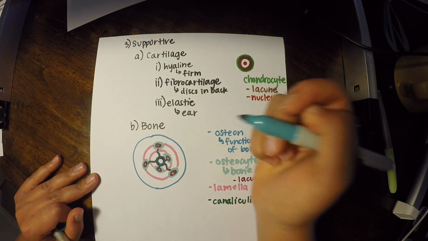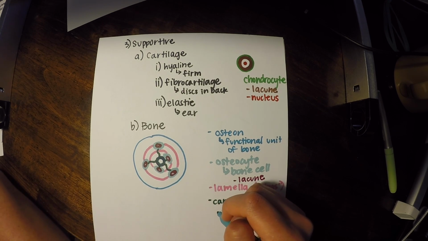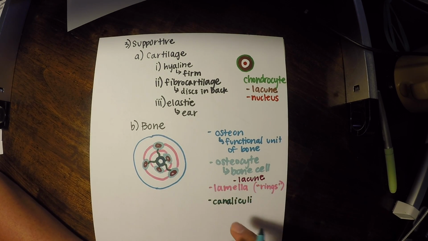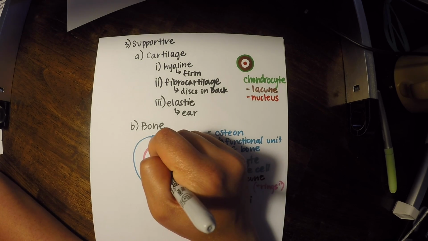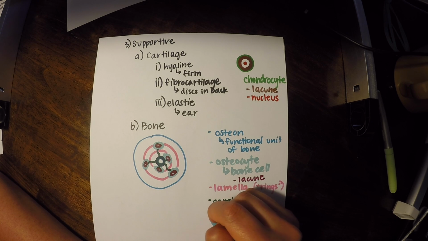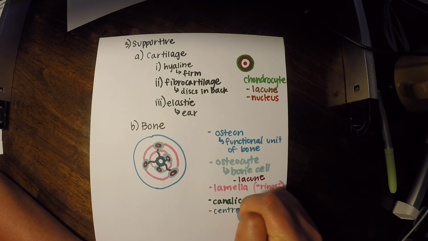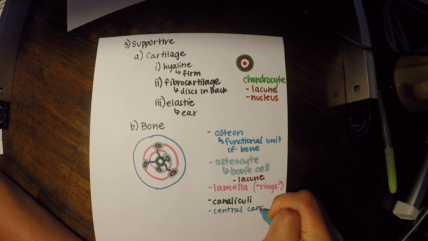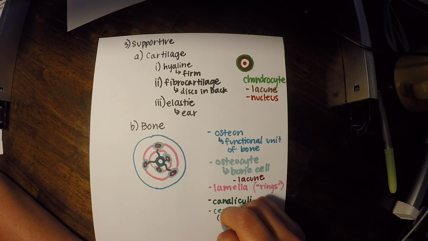So that's our canal in the center. So remember, these are like little canals basically taking things to our big central canal. Which is also known as the Haversian canal.